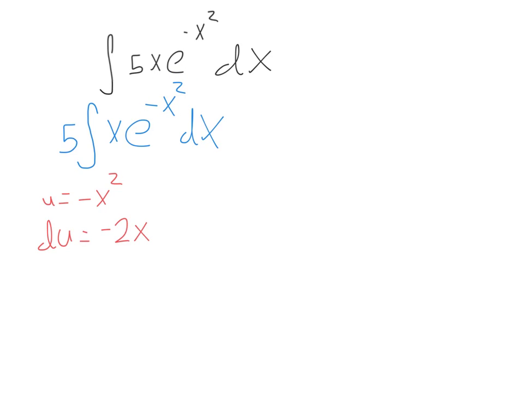So we see that my u is equal to negative x squared, and my du is equal to negative 2x. Well, there's some good things and some bad things. The first good thing I notice is, wait a minute, this negative 2x helps take care of that x that I just have hanging around. All we have to do is put a negative 2 in front of it, like such.